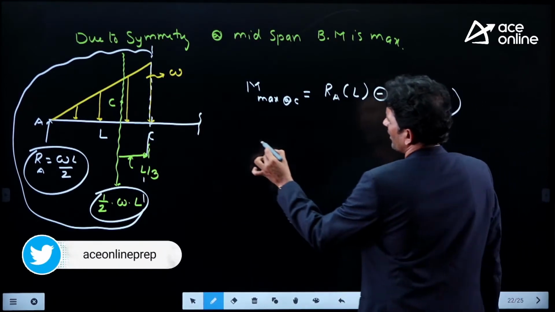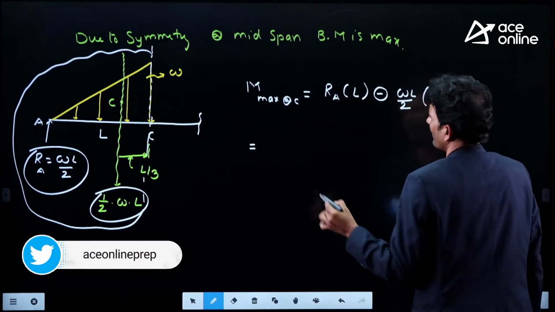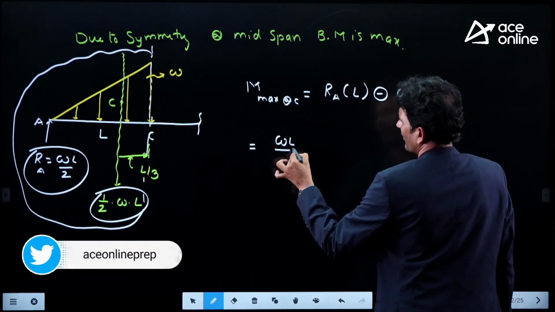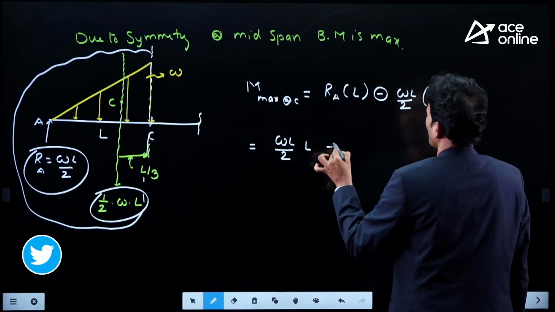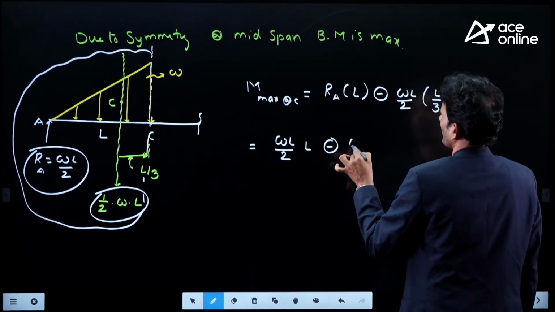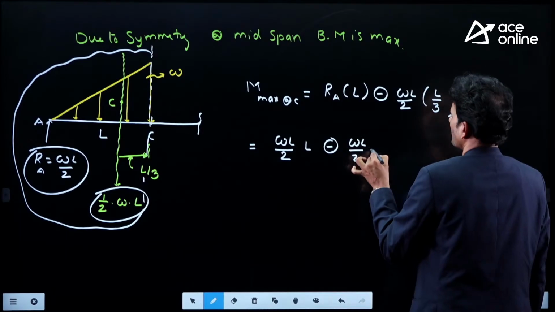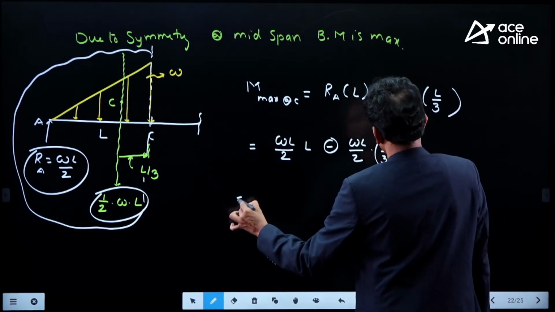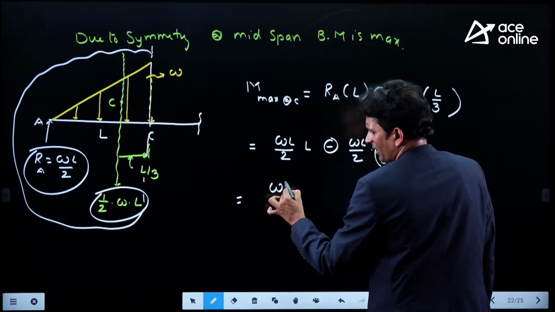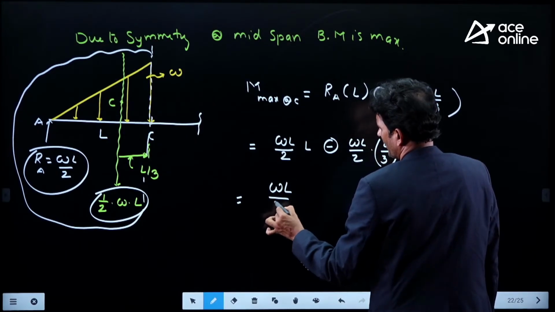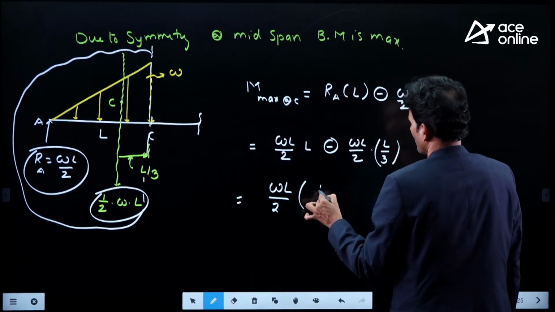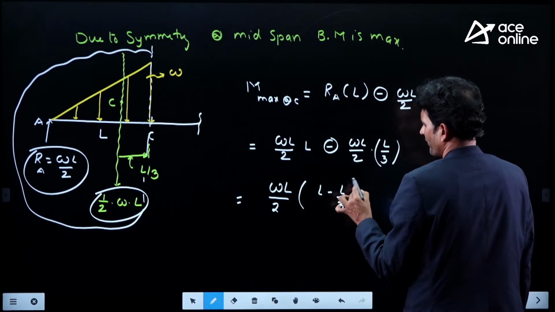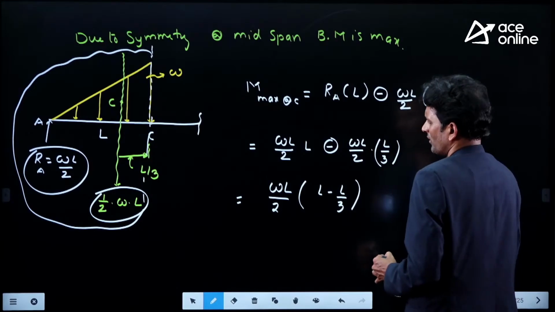Now, simplify this. RA value: how much? Omega L divided by 2 into L. And here, omega L divided by 2 into L by 3 we are having. Is it right or not? You can take omega L divided by 2 as common. Then it is L minus L by 3. 3 minus 1, 2.